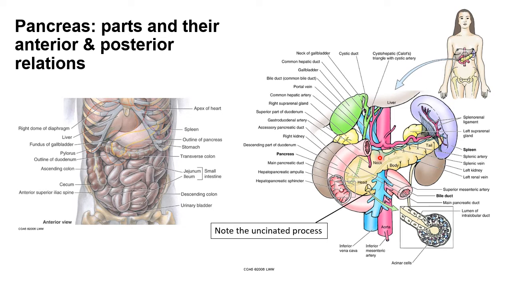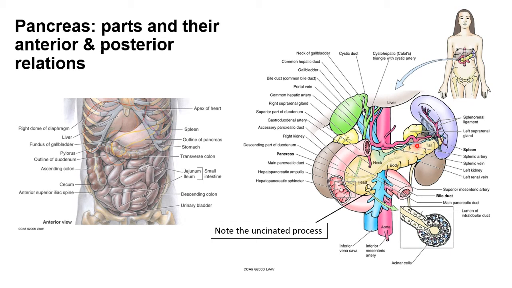If we move laterally, the body is related to the abdominal aorta, and as you remember from a previous slide, the splenic vein runs posterior to the body. The splenic artery runs on the superior border of the pancreas, or superior to the body of the pancreas.